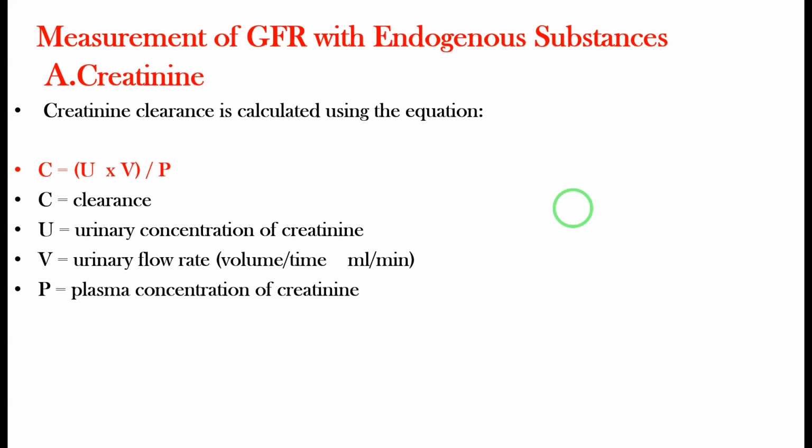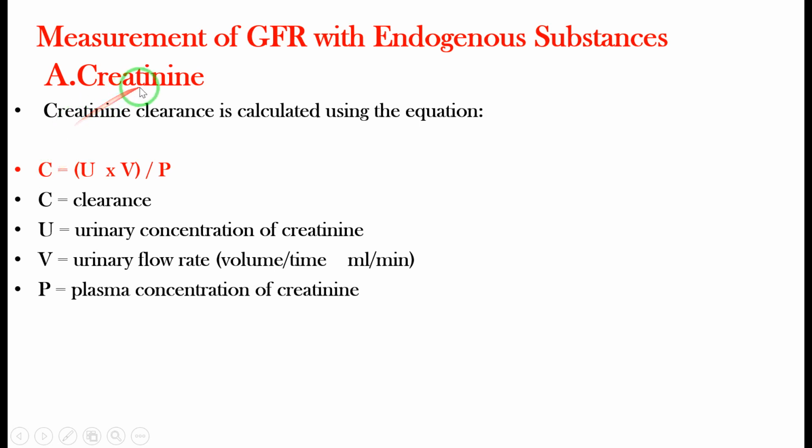This equation can be applied. The creatinine clearance is determined by the urine concentration of the creatinine multiplied by the volume per time, how many ml per minute within a specified time, and then they will divide them by the plasma concentration of the creatinine, and the result will be the clearance of creatinine.